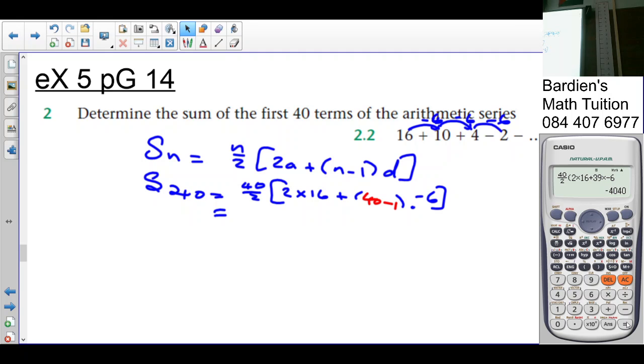Negative 4 over 4. Is that the right answer? Any problems here? Any problems?